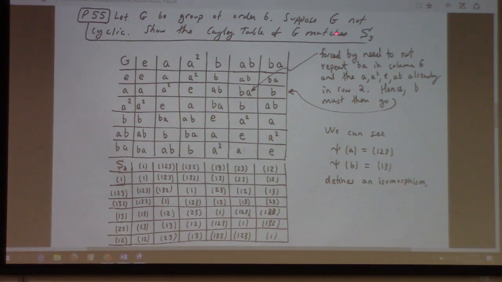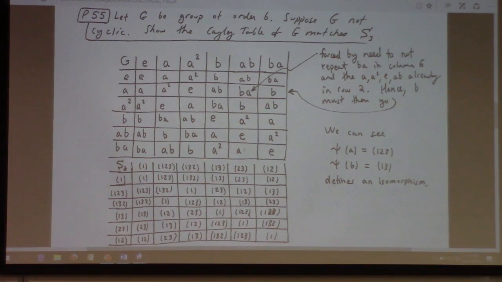G is a group of order 6, so you start writing down the AB not equal to BA case. You've got this AB, and you've also got BA.